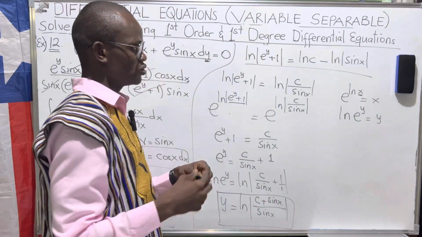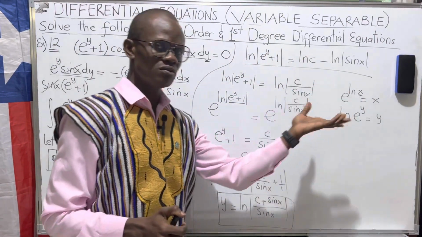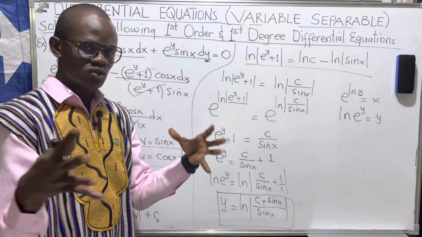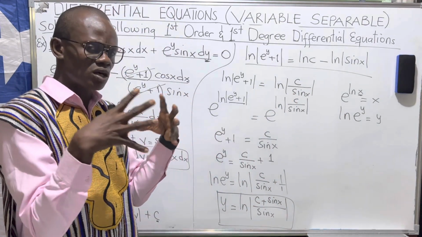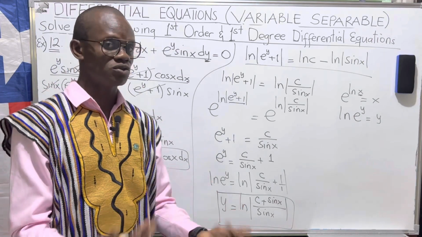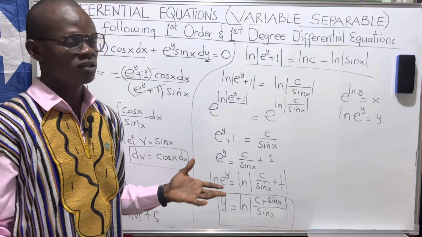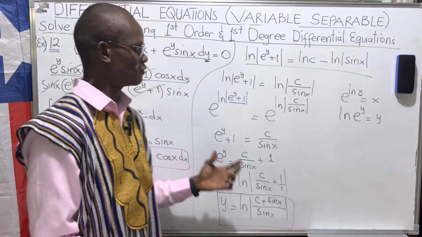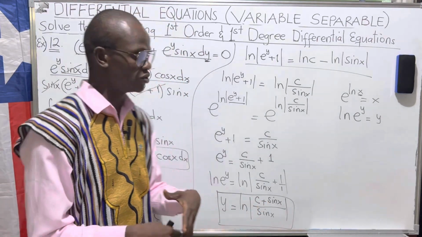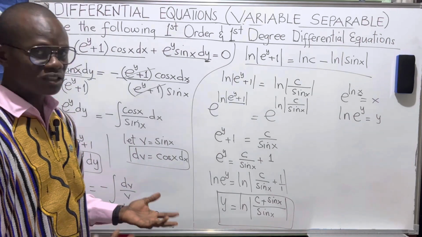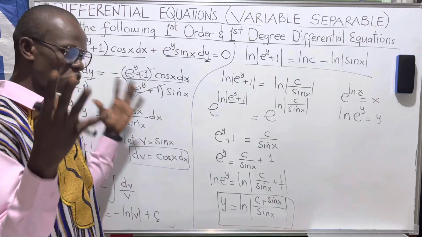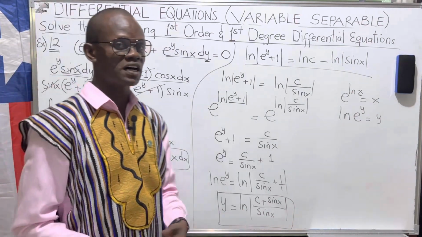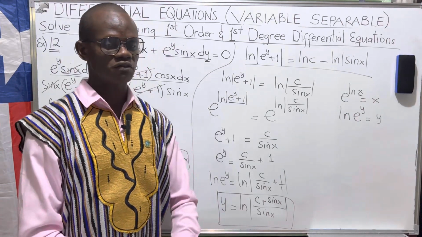Your instructor may not want you to replace ln of c to further simplify it into a compact form. So whatever way you are required to simplify the differential equation after you have found the solution, you can do that. I'm just exposing you to a lot of ways we can simplify the general solution of a differential equation.